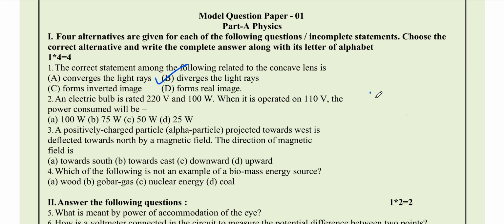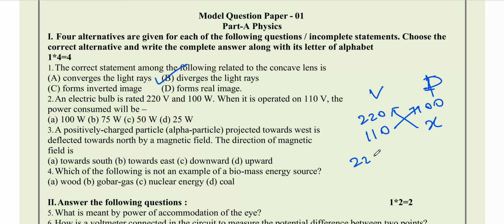Simple. This is volt, this is power. 220 volt, 100 watt. 110 volt, x watt. We don't know. Correct? Any doubts? Now can we cross multiply both?